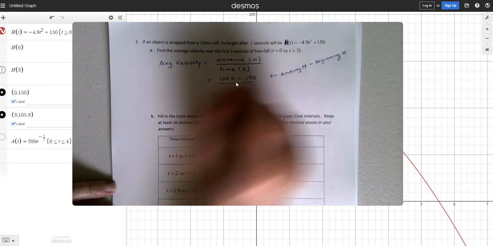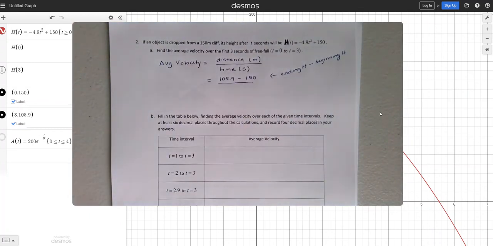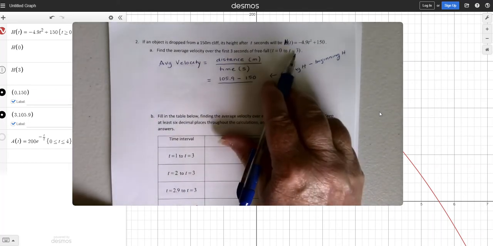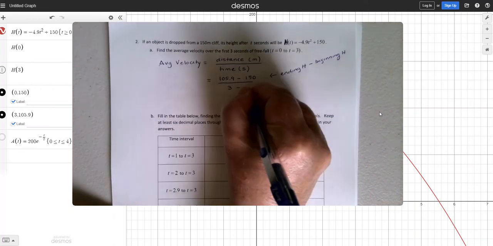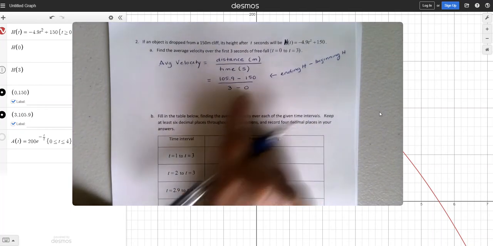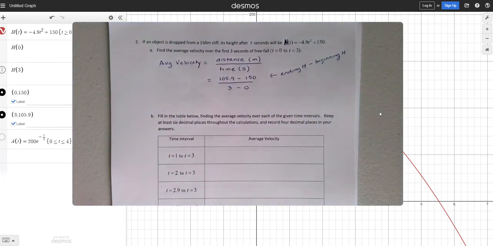In terms of time, obviously we know it took 3 seconds, but just so that we can have some sort of symmetry or parity, I'm going to think my time was 3 minus 0. Again, my ending time minus my starting time. That way I can use the same technique even if I don't start at time 0.